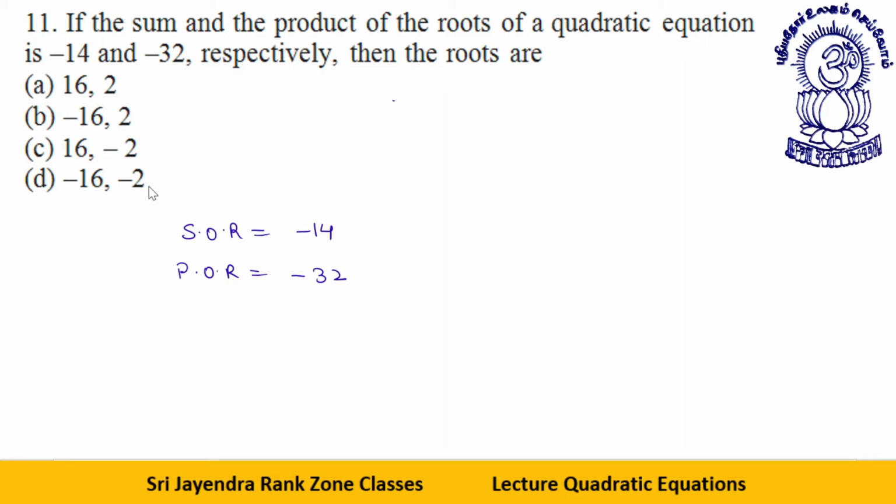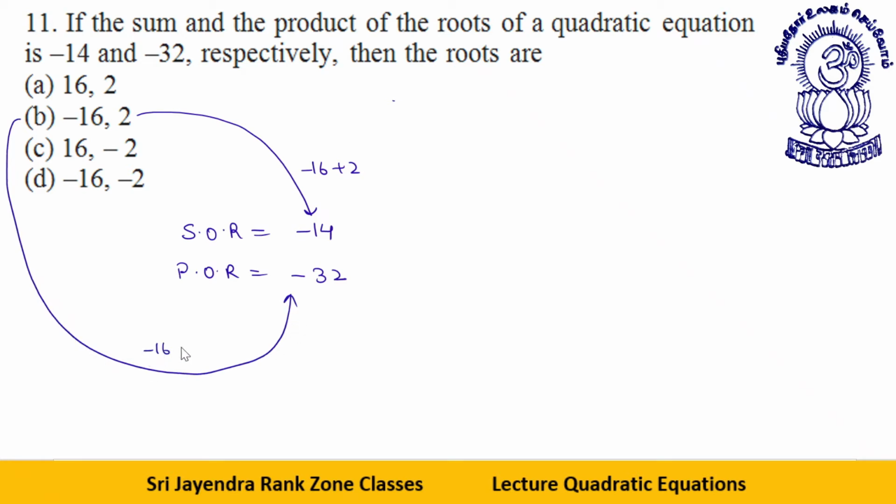See, first of all, minus 16 and 2. If you add minus 16 plus 2, this is minus 14. And if you multiply minus 16 into 2, you get minus 32. You getting it?